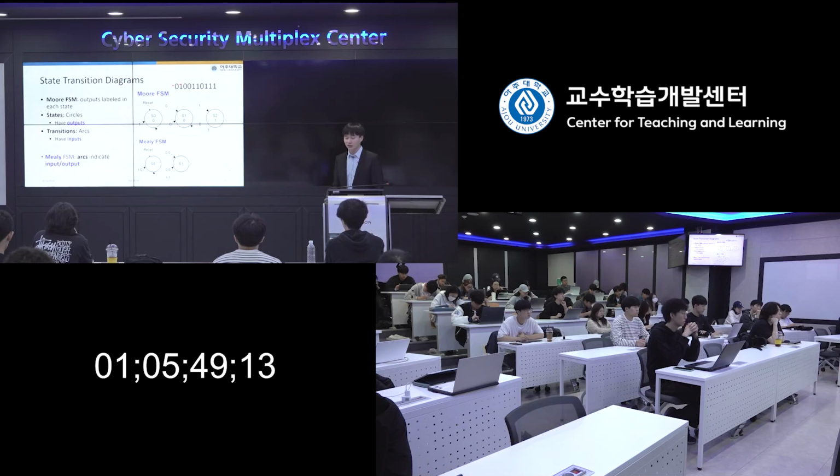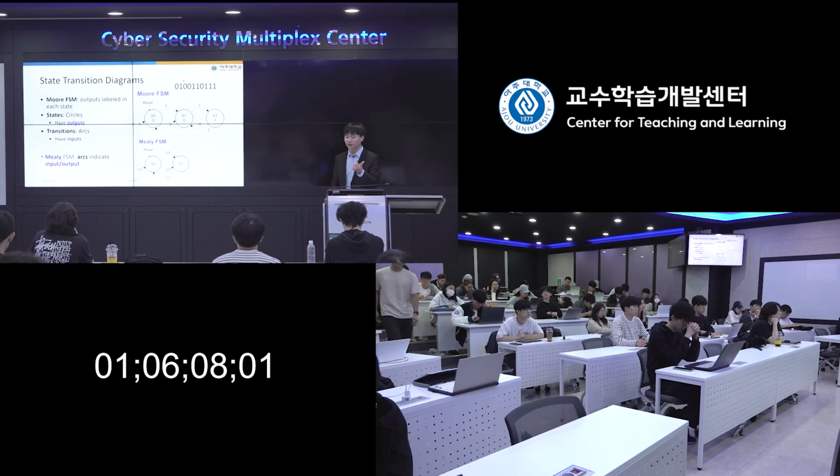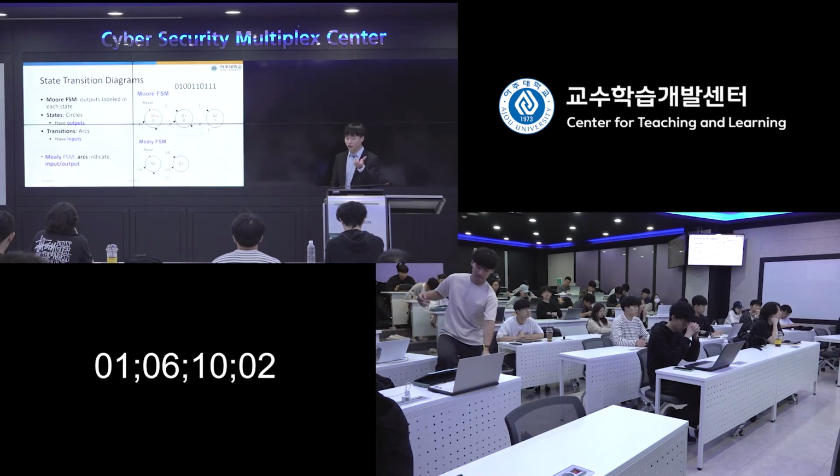If it is 1, then we successfully detect it. If the current state is 1, whatever the next digit is, it will not generate the pattern 0-1, right? So we just continue until we find 0. This is the logic we used to build this transition diagram.